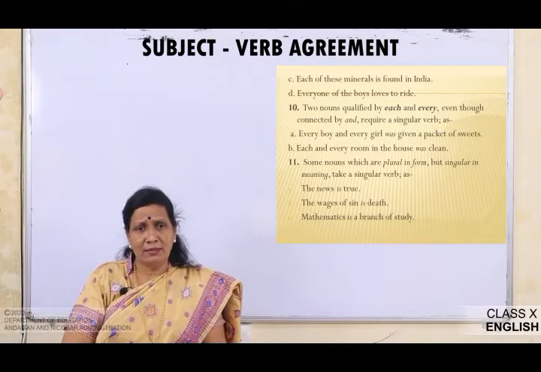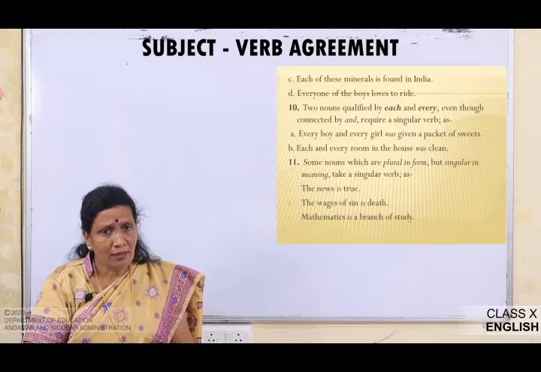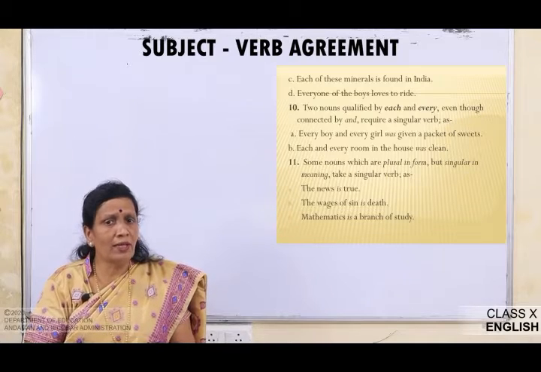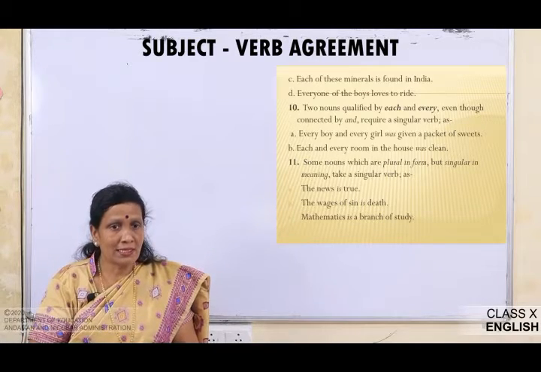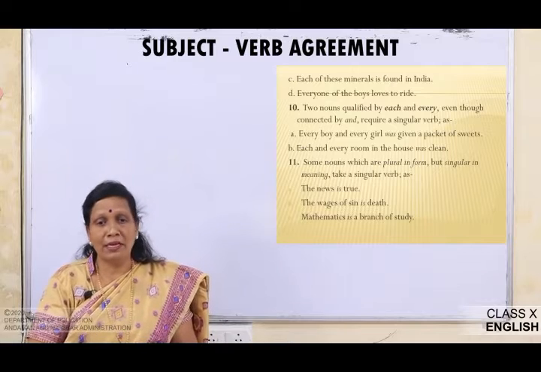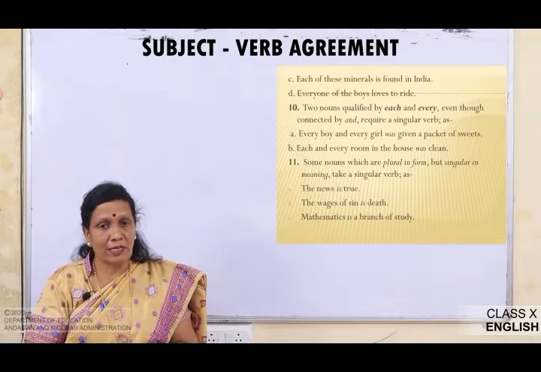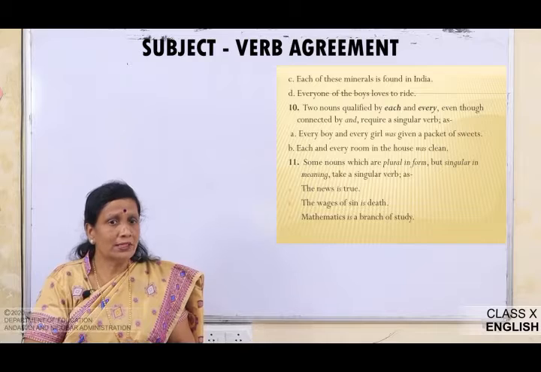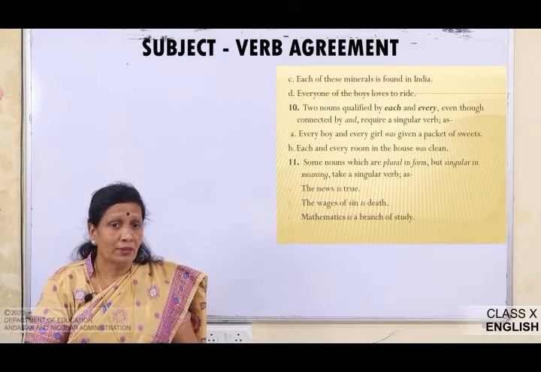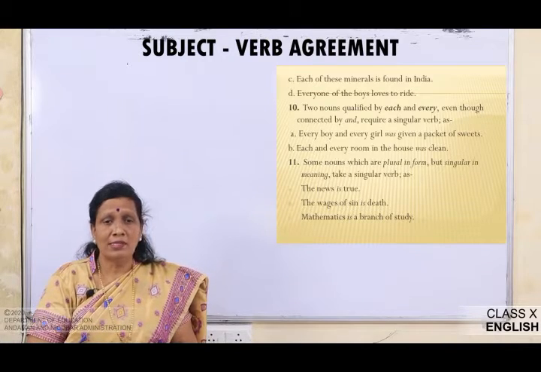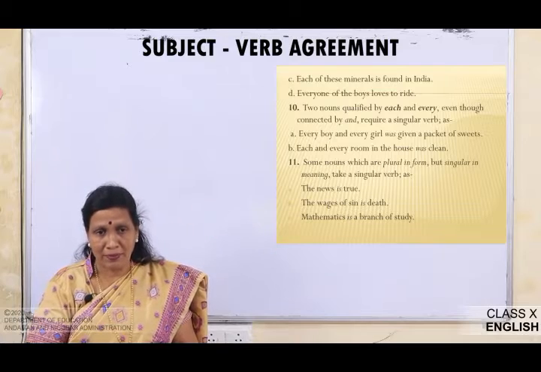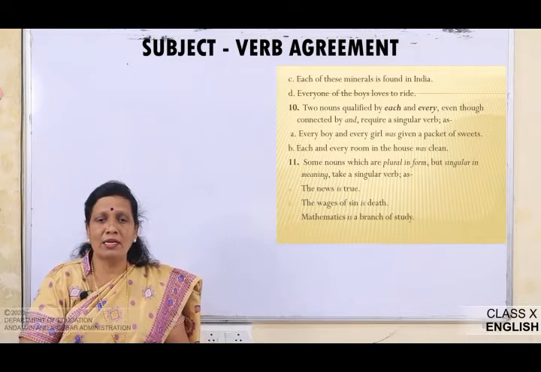Now, let us look at one more example, some nouns which are plural in form, but singular in meaning, take a singular verb. For example, the news is true, the wages of sin is death, mathematics is a branch of study.